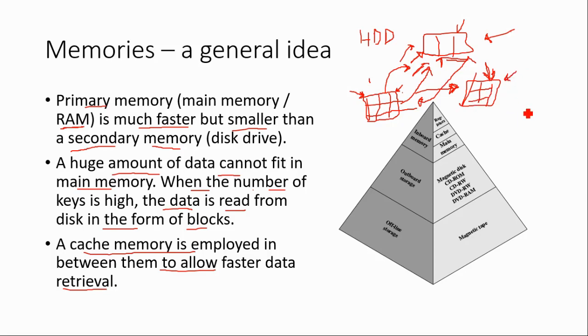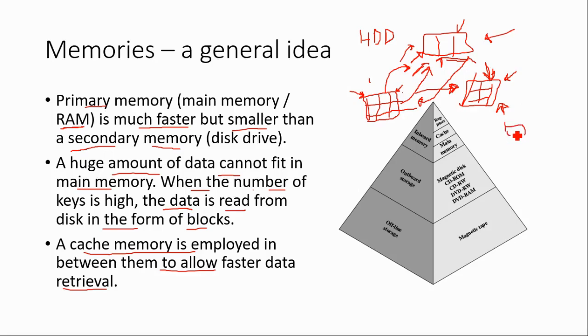Similarly, the data that has to be stored in memory can be stored as a graph also, or as a tree also. Data is often stored in memory in the form of a tree.